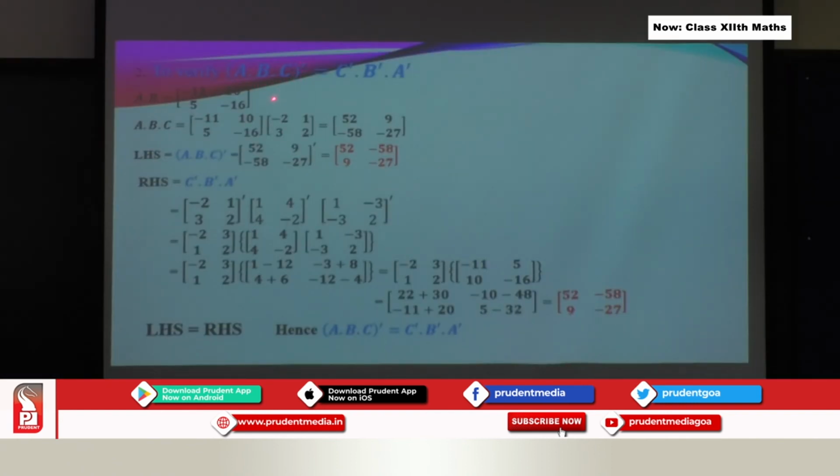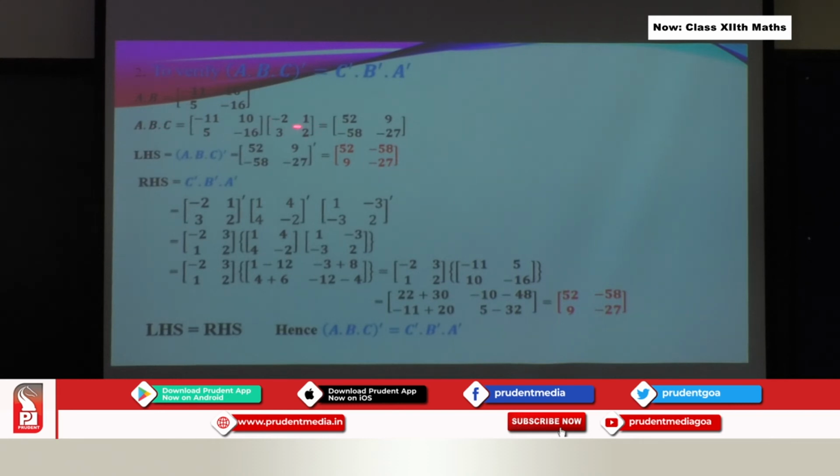Now when you get problems where two sub questions are given together, whatever you got from your first section, use it effectively in the second section. This is how we did it over here. A into B we found in the first section, so I took it here. Now in the bracket I have A into B into C. A into B I got, that I have written over here, into C, the matrix C I have taken here.